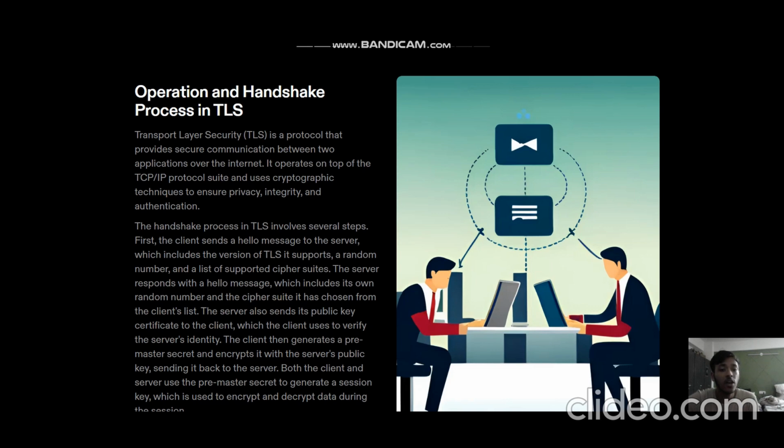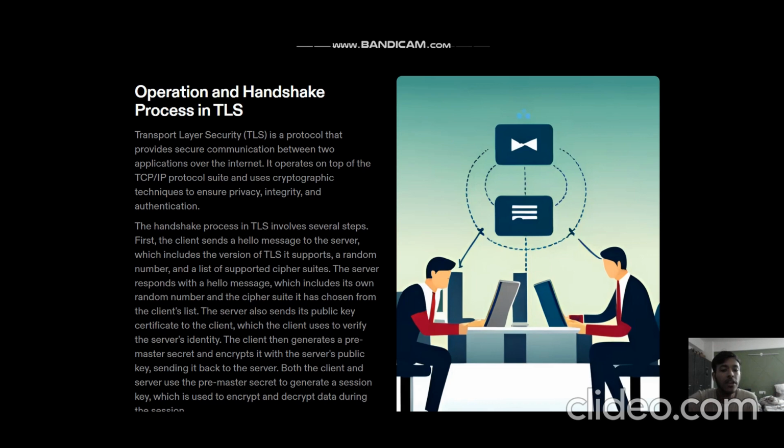First, the client sends a hello message to the server, which includes the version of TLS it supports, a random number, and a list of supported cipher suites. The server responds with a hello message, which includes its own random number and the cipher suite it has chosen from the client's list. The server also sends its public key certificate to the client, which the client uses to verify the server's identity.